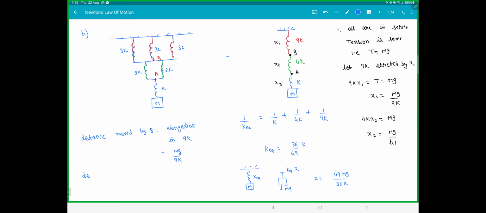Similarly, distance moved by A is elongation in 9k and 4k, which is x1 plus x2, mg by 9k plus mg by 4k.